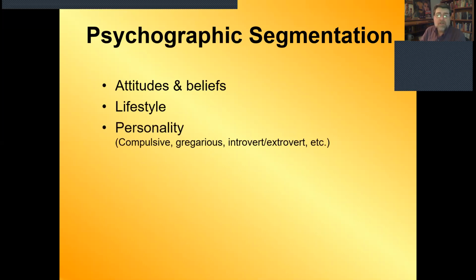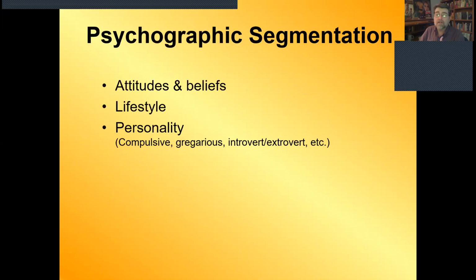We also look at personality. Do people have compulsive personalities, gregarious? Are they introverted or extroverted? Obviously, we look at these different personalities. Political marketers, people who are marketing a candidate, look at this sort of stuff all the time. In fact, it's primarily their primary form of segmentation.